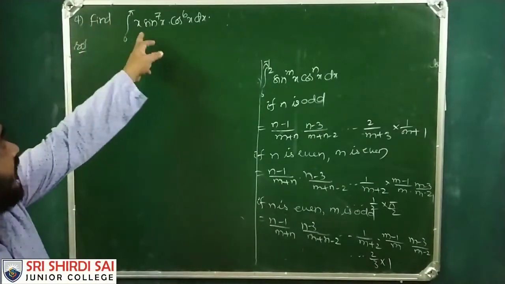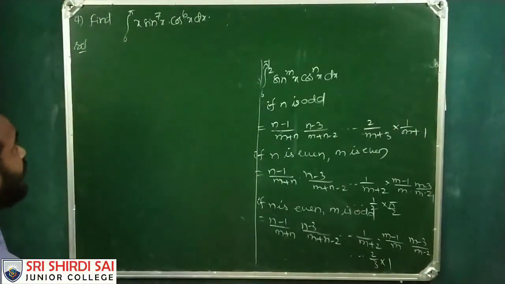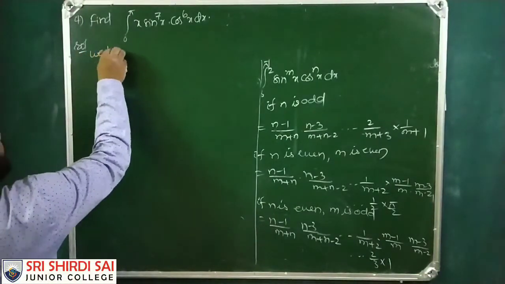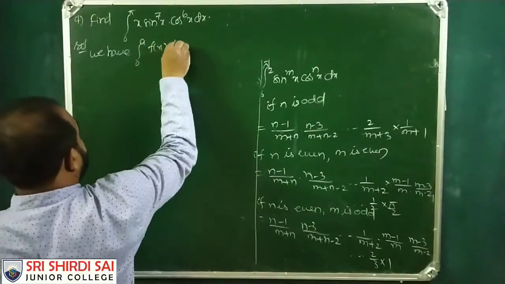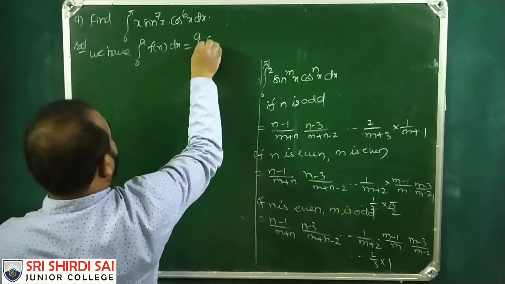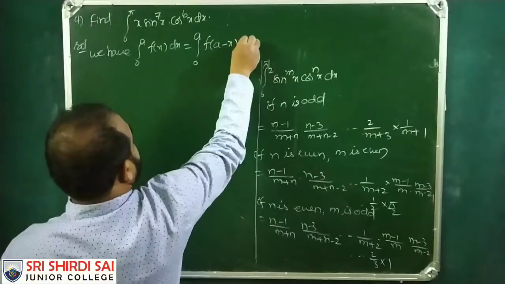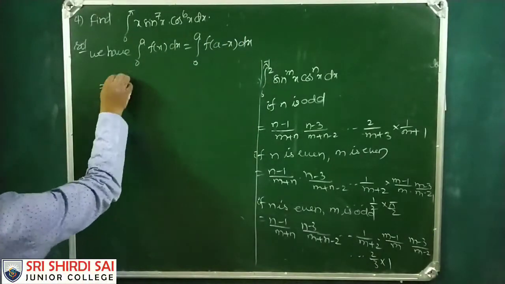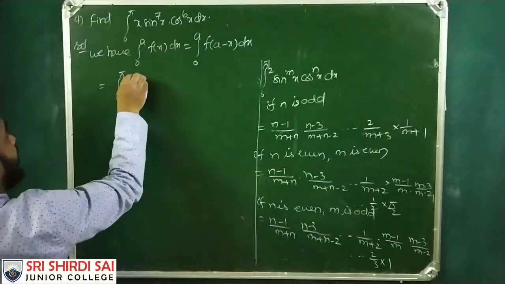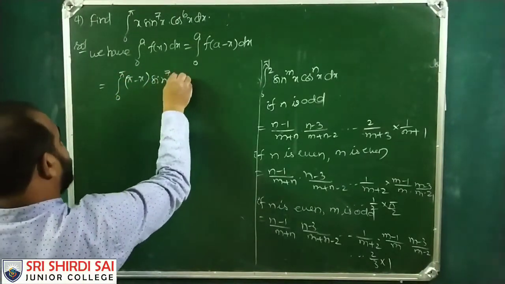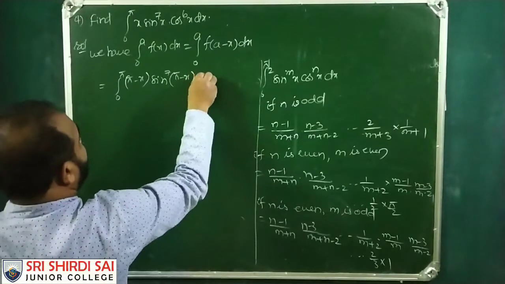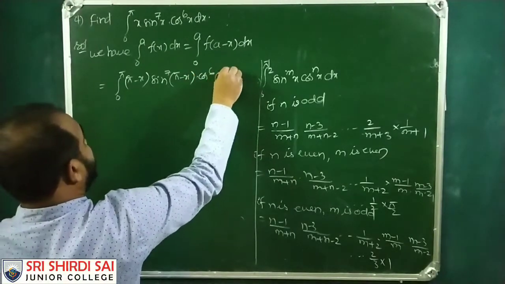we need to find integral 0 to pi x sine power 7x into cos power 6x dx. We have integral 0 to a f of x dx is equals to 0 to a f of a minus x dx. So this is equals to 0 to pi minus x sine power 7 pi minus x cos power 6 pi minus x dx.